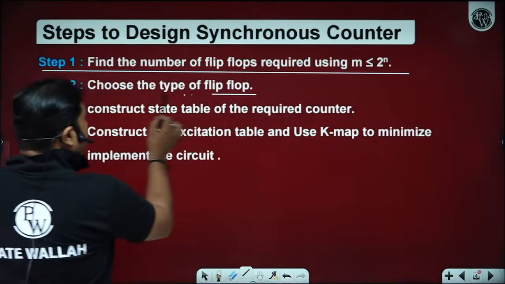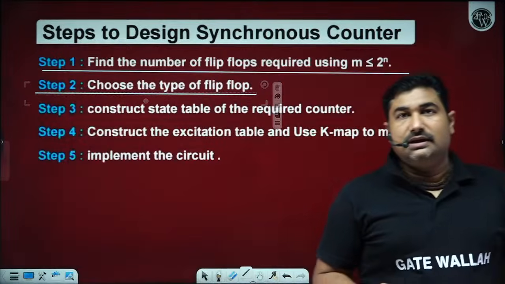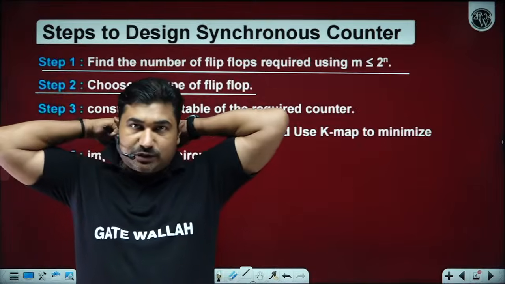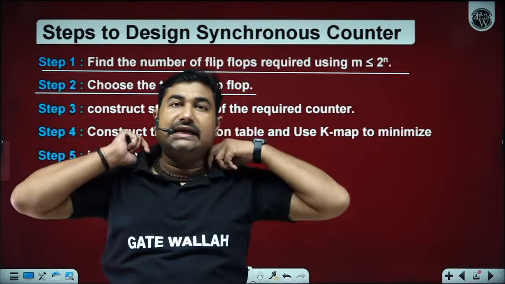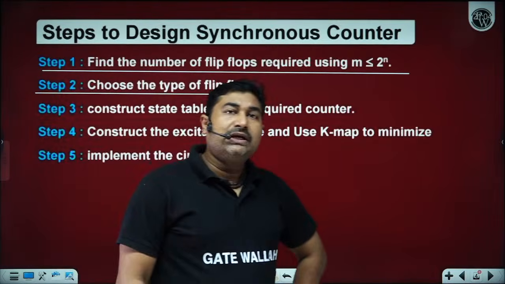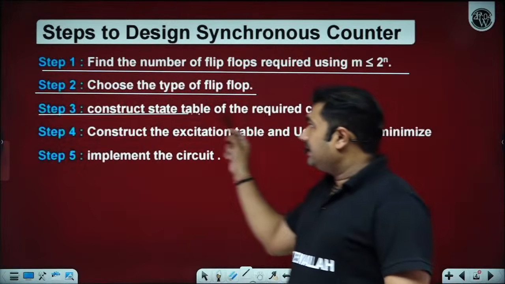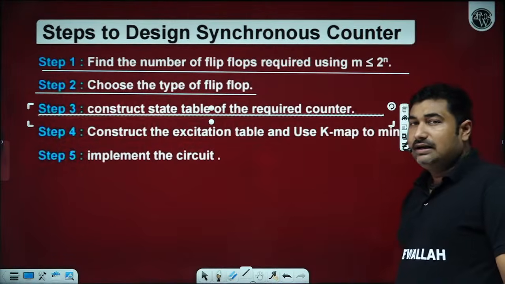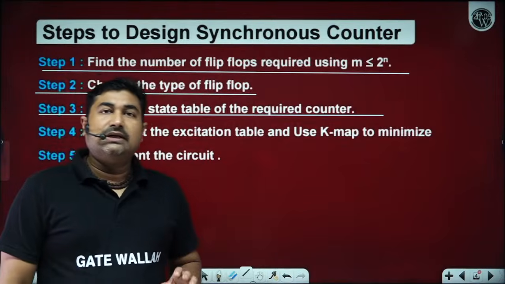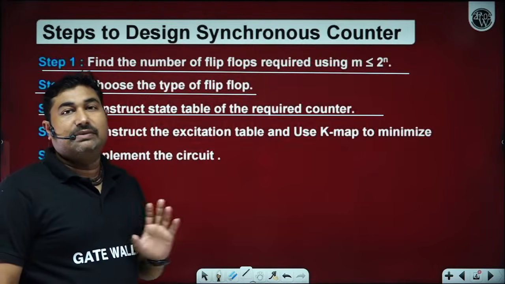Next is to choose the type of flip-flop which you want to use. We always select such a flip-flop which reduces the delay. For designing any desired circuit, we always choose such a flip-flop which reduces the delay. Next is step 3, construct a state table of the required counter. Whatever counter you want to design, you first have to construct a state table.